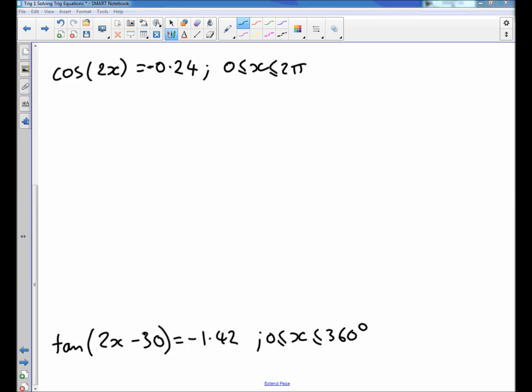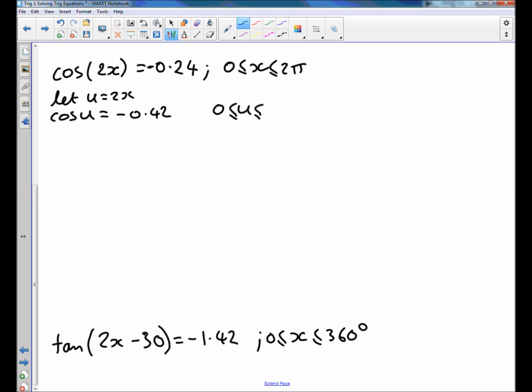So, just like before, we are going to do this by substitution. So I'm going to say, let u equal 2x. So cosine of u is going to be minus 0.42. My new domain for u, well, u is 2x. When x is 0, u is going to be 0.